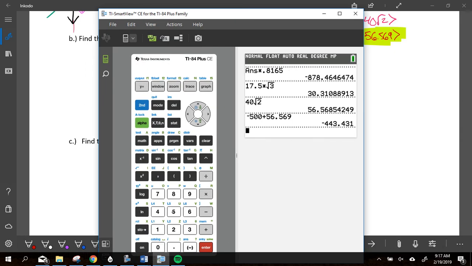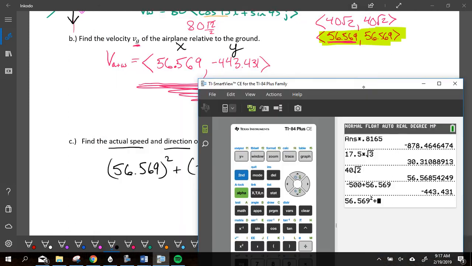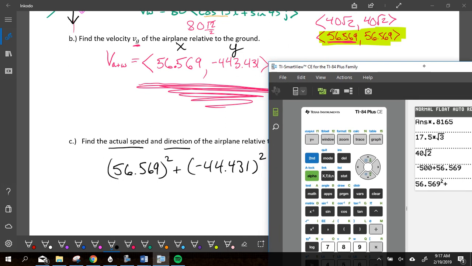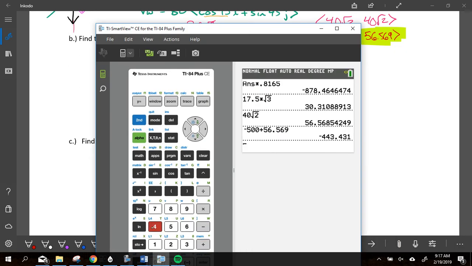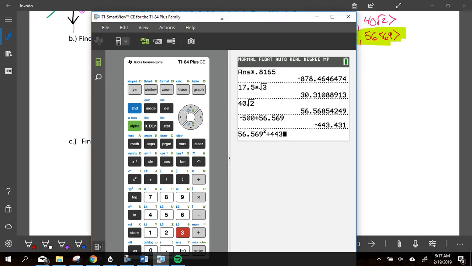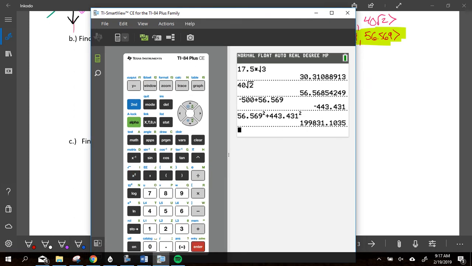So 56.569 squared plus 443.431. No, that's wrong. 443.431. We get that number. We're going to take that number. We are going to square root it.